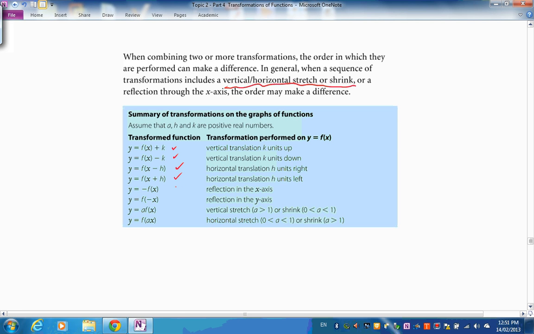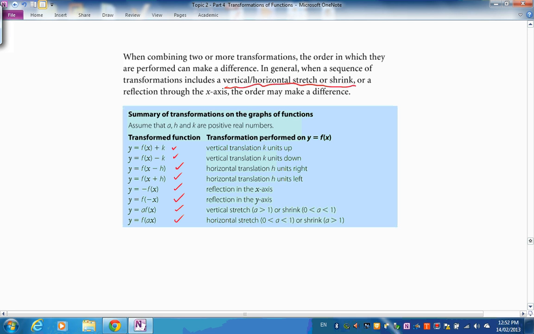Multiplying by a negative is a reflection in the x-axis, putting a negative in x in place of x in the function is a reflection in the y-axis, and then these two are stretches or shrinks in the vertical and horizontal direction. Might be worthwhile making a note of this table and just checking that out.